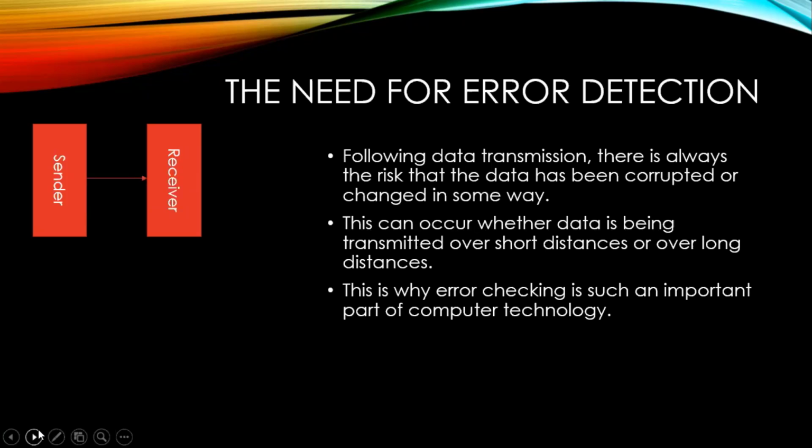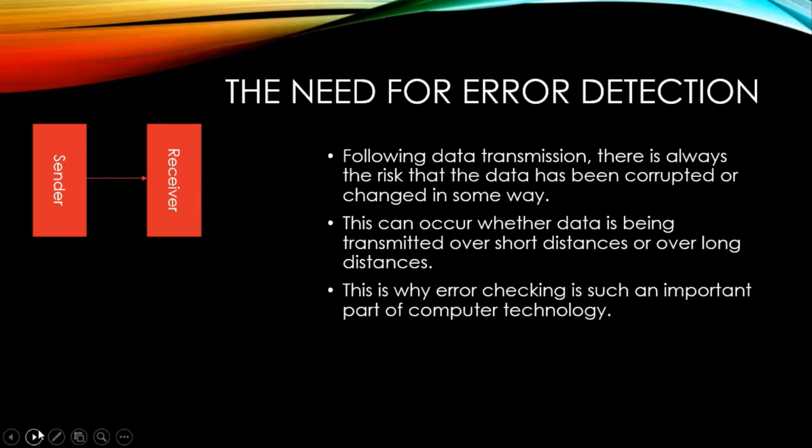As you can see, we have a sender and then a receiver. We're sending information. Data may be corrupted or changed in some way when it is transmitted, and this can occur whether the data is transmitted over short or long distances.